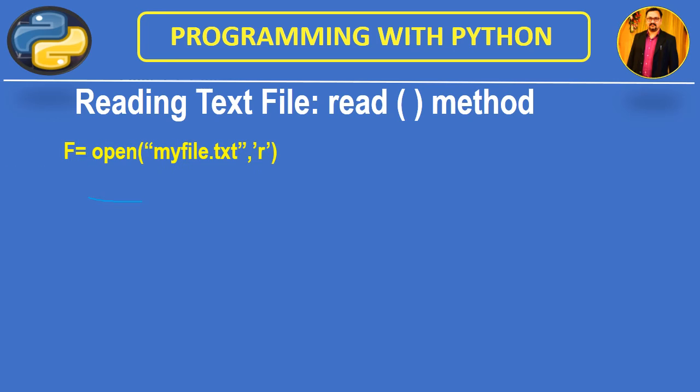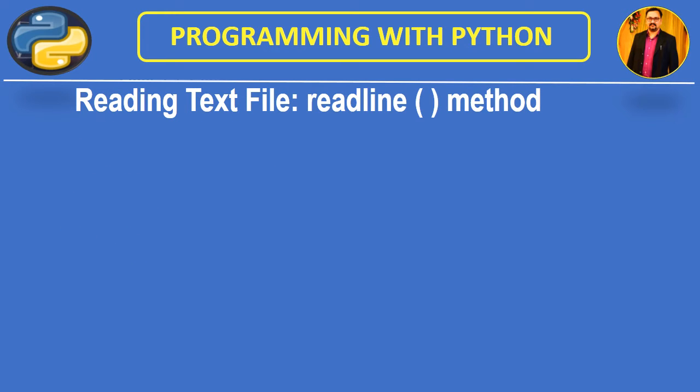Now here you can see we are opening the file myfile.txt in reading mode, and in the second line we are executing the read function, text equals f.read. Here f is the file object and read is the function that will read the entire content at once, and it will be stored in the text string, and then finally you can print this string using the print function. So this is how you have to read the entire content at once.